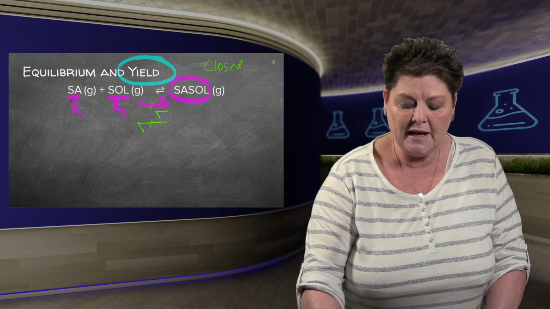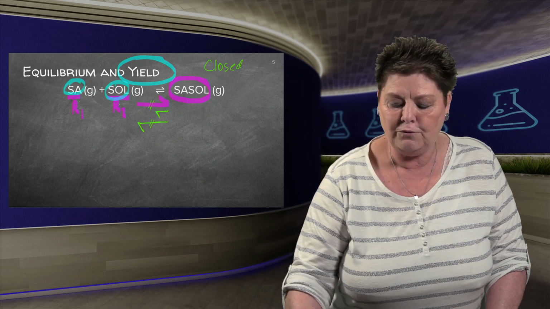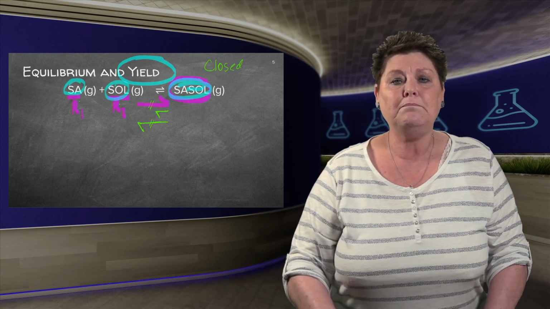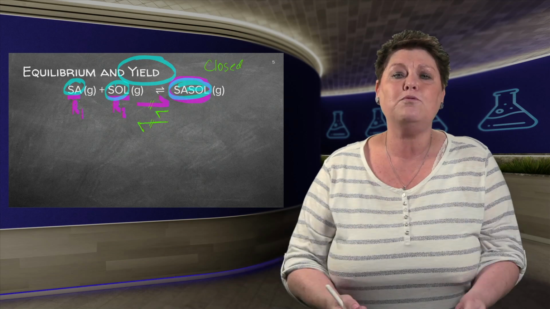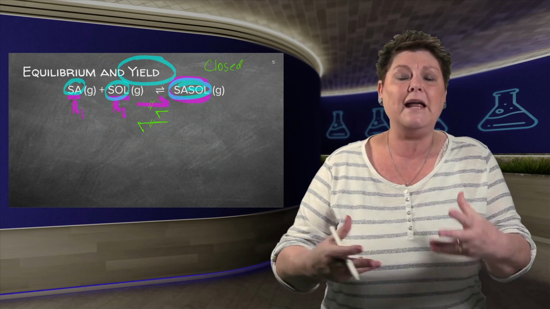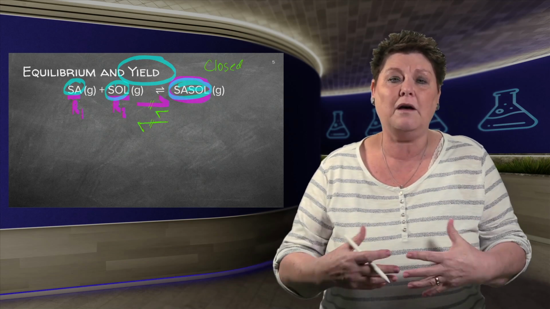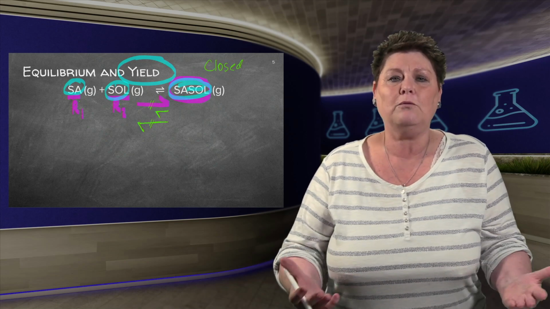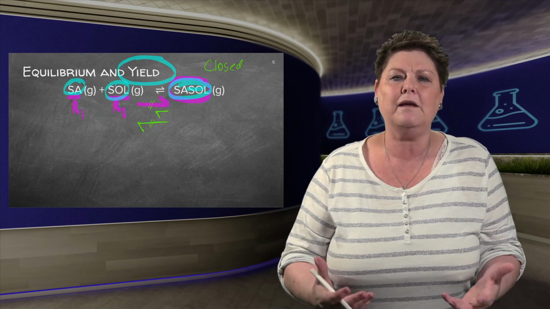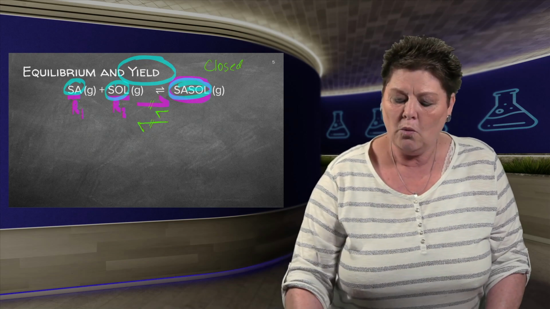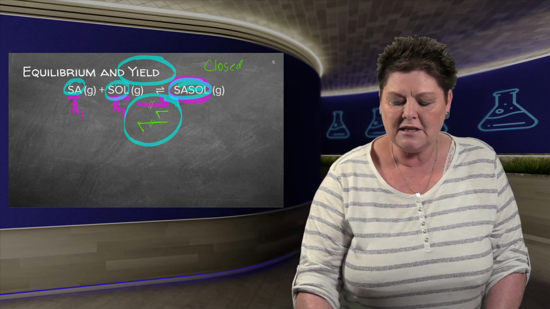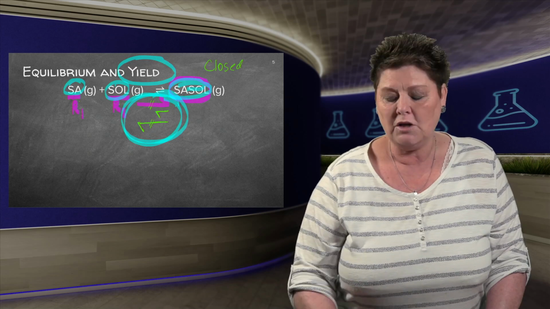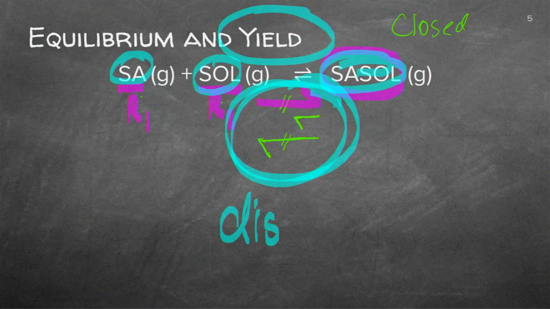You can put in SA and SOL and you form Sasol, but as soon as it's going back to SA and SOL, you've got actually no product to sell. So the manager on the plant will come to the board and say, guys, we're not making money. We actually aren't making a product. So in industry, we don't want chemical equilibrium. In order for us to get some product, we've got to disturb the chemical equilibrium.